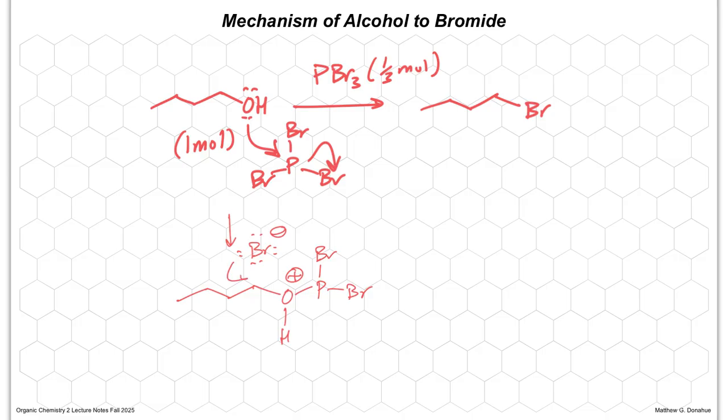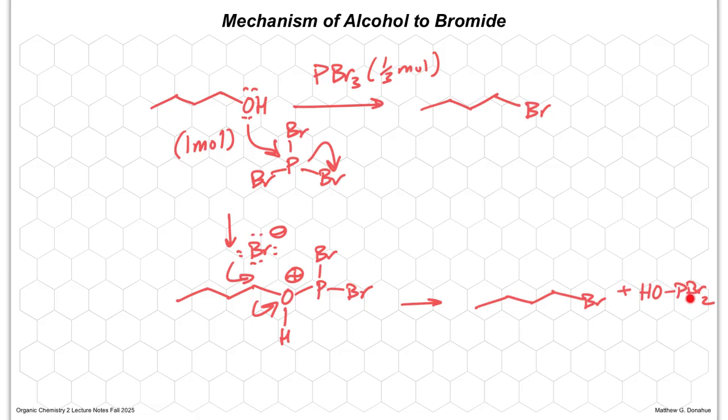So that will attack the carbon bearing the oxygen to displace it. So mechanistically, that's an SN2 reaction that's happening. So you're left with this intermediate here that still has two bromines.